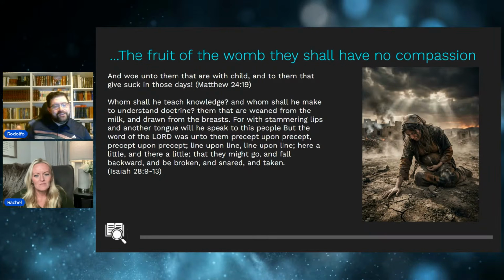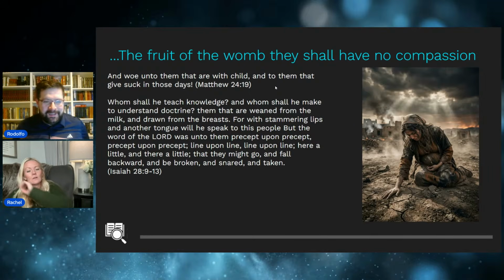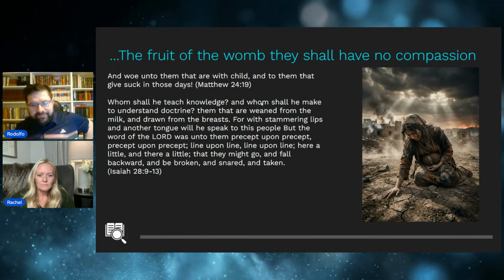But they might suffer because of the vulnerability. But then also it might be a type too. Jesus said, "Woe unto them that are with child, and to them that give suck in those days." And we know that pregnancy is a type of labor, and in the book of Isaiah, those who bring forth Zion bring forth as a travail, right? And there are different labors, and I think you touched on that last week. People do give birth to tribulation.